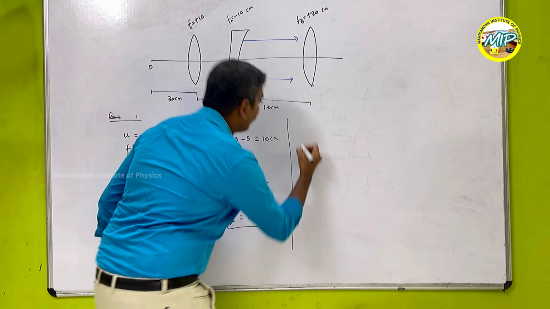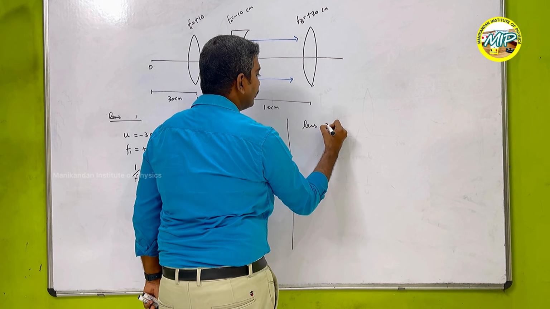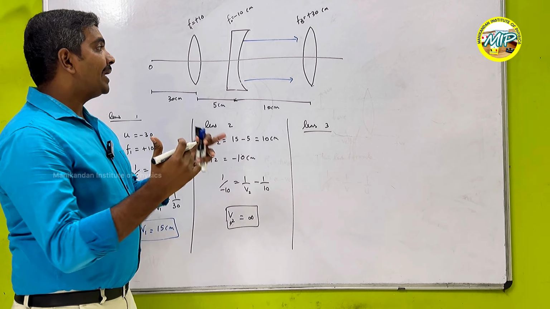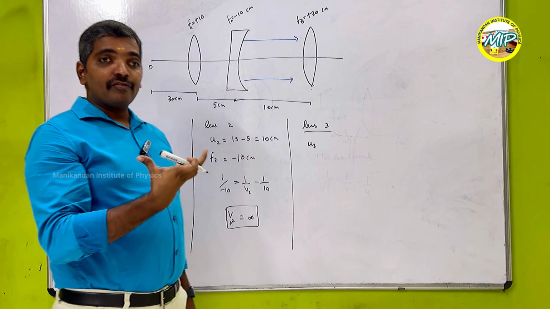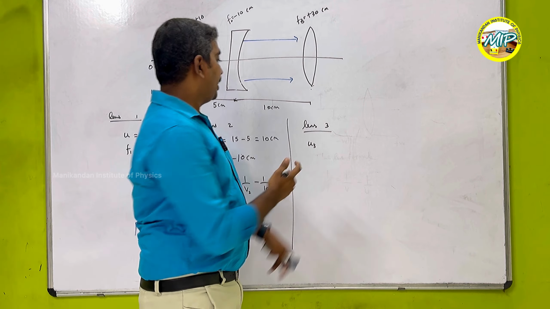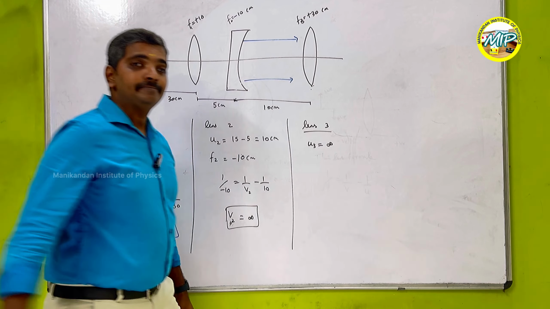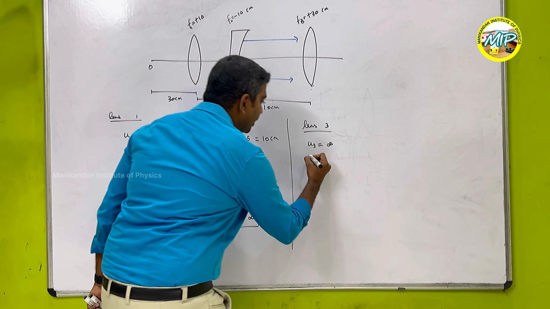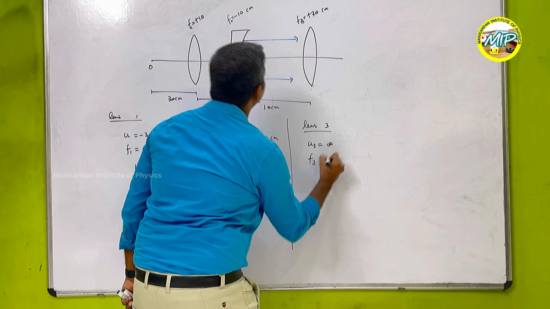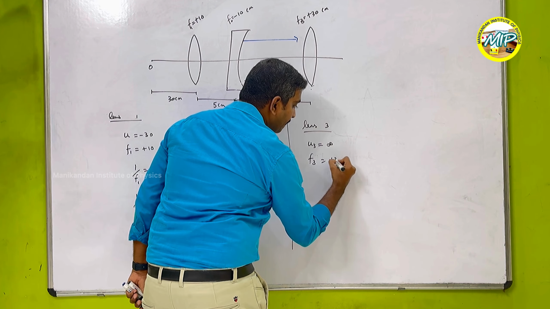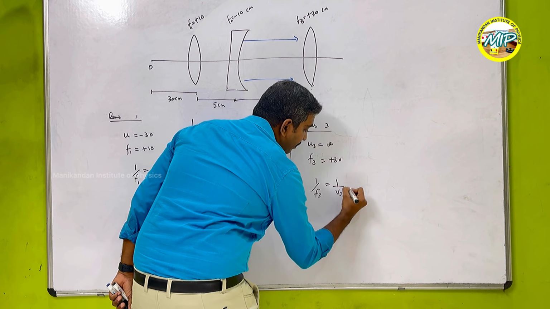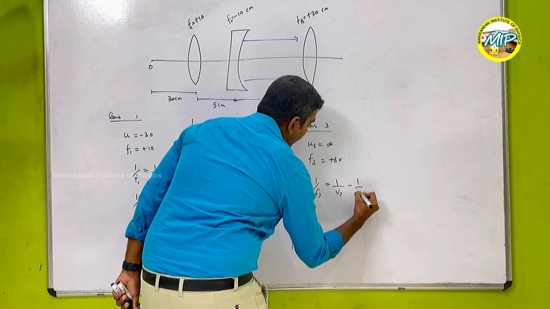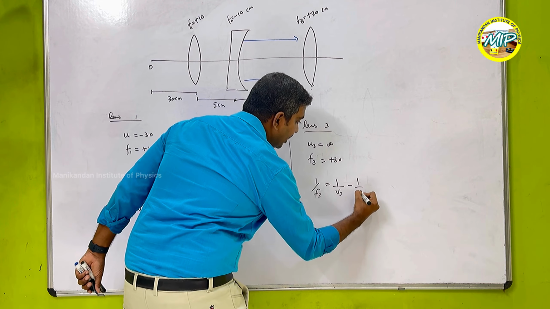So I'm going to solve this for lens 3. The object distance of lens 3, u3, is going to be infinity. My f3 equals plus 30, and 1 over f3 equals 1 over v3 minus 1 over u3, which is infinity.